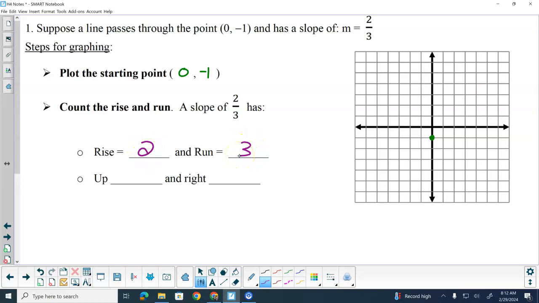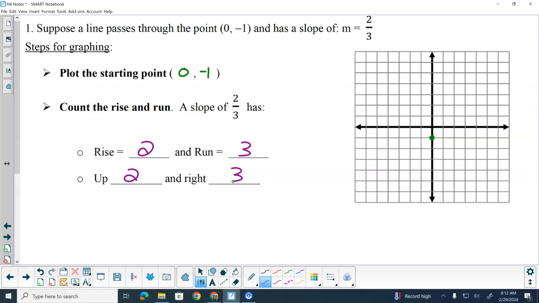So our rise is 2, that means we're going to go up 2. And if our run is 3, we're going to go right 3. So that means from the point that we just grabbed, not the origin. Okay? We are not going from the origin.